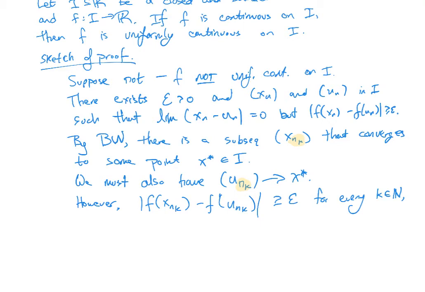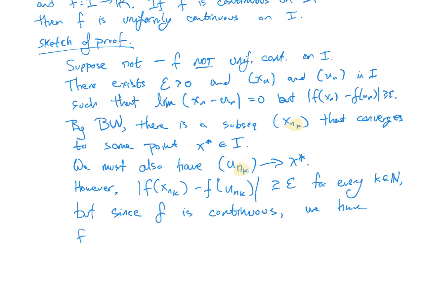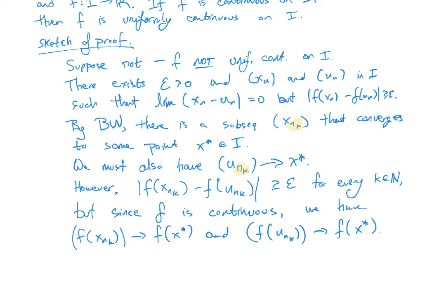So our contradiction is, since f is continuous, we assumed f was continuous, the sequence f of x_{n_k} has to converge to f of x star, and f of the u_{n_k} has to converge to it as well. And that's a contradiction.